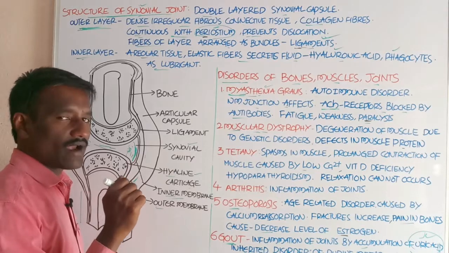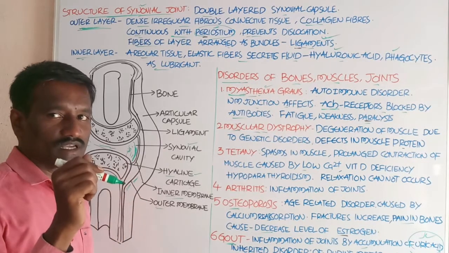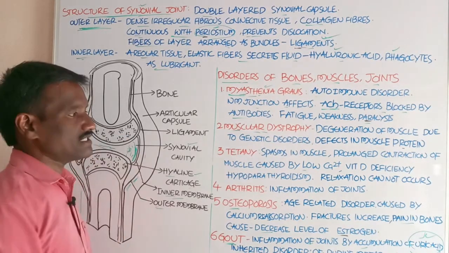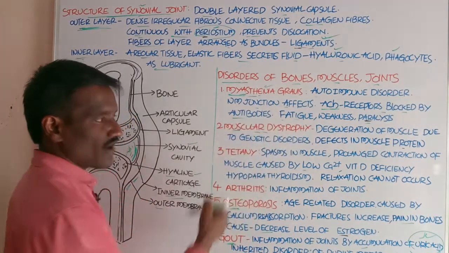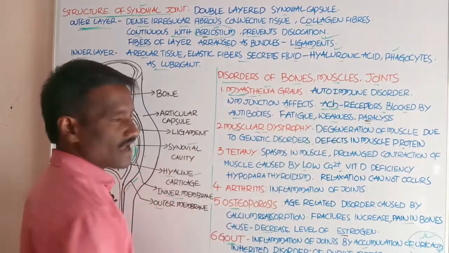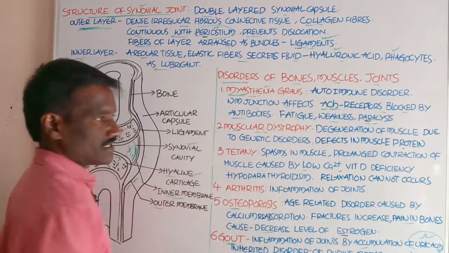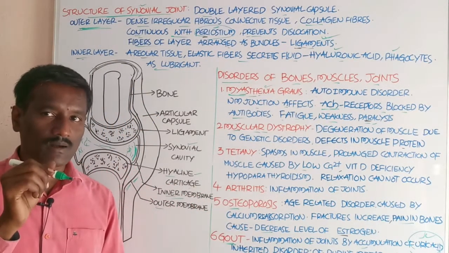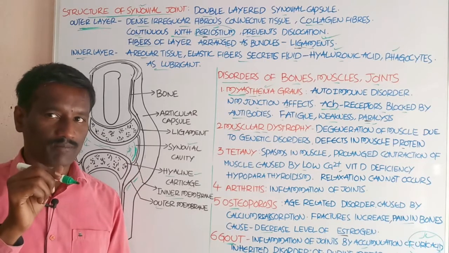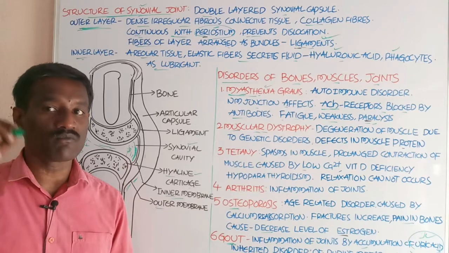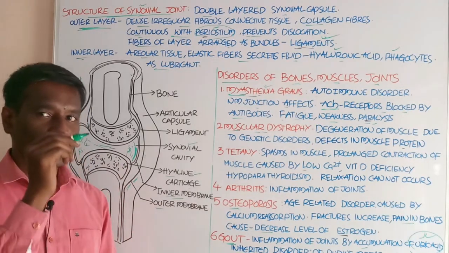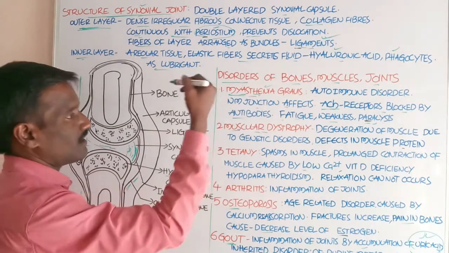By this, the stimulus is not received by the muscle fiber, and the muscles go to fatigue, weakness and paralysis. Paralysis is one of the symptoms. This is inability of movement of body parts. These are the symptoms in myasthenia gravis.